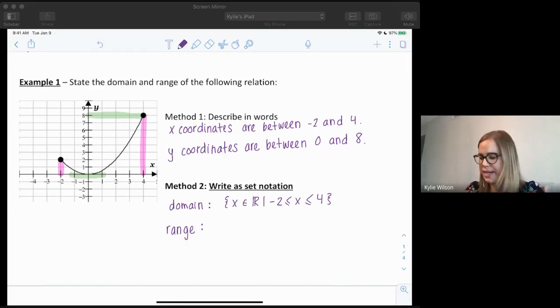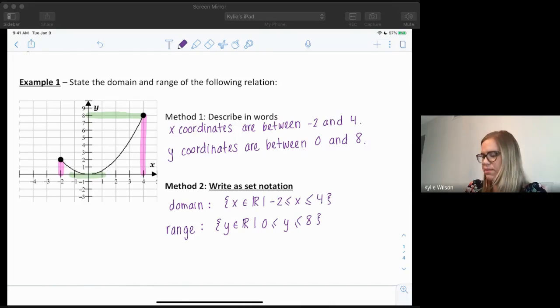So for our range, we have that Y is also an element of real numbers, right? Because we have this nice curve. Y can be anything within this interval that we're going to make. So we have that Y is an element of real numbers, and 0 is less than or equal to Y, which is less than or equal to 8.